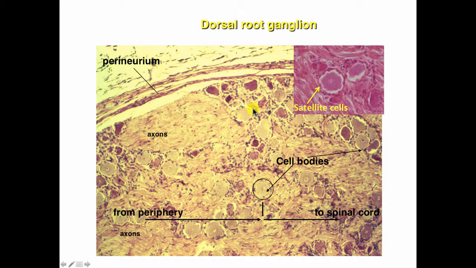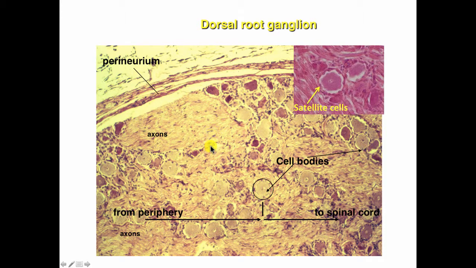I mentioned earlier that the cell bodies of the unipolar sensory neurons carrying information from the periphery to the central nervous system are found in a ganglion, a collection of cell bodies called dorsal root ganglion on either side of the spinal cord.